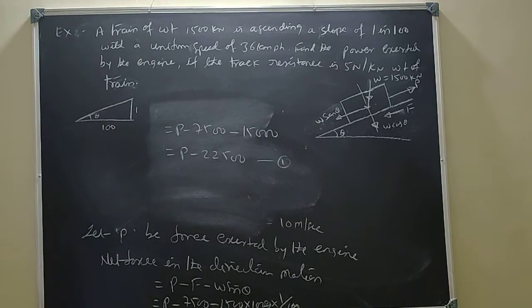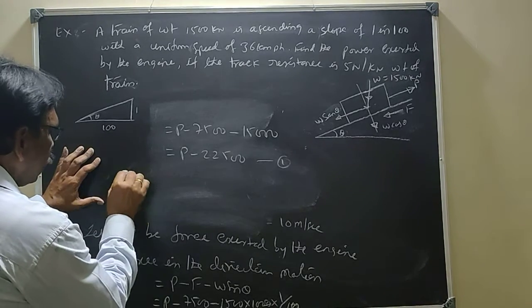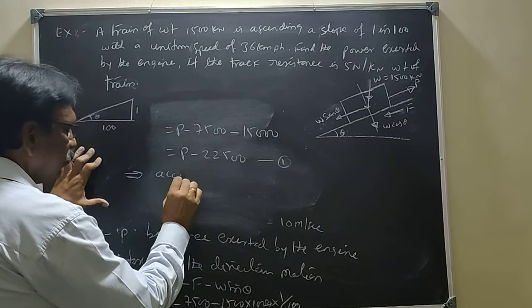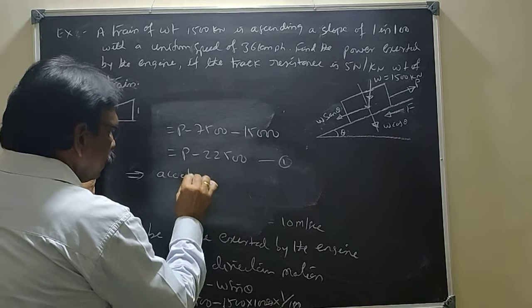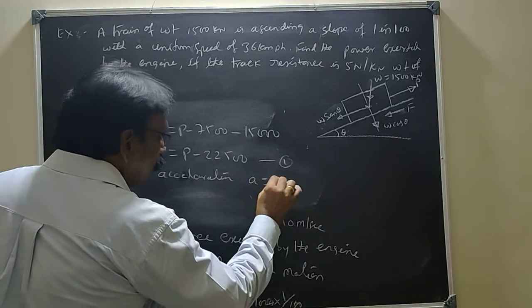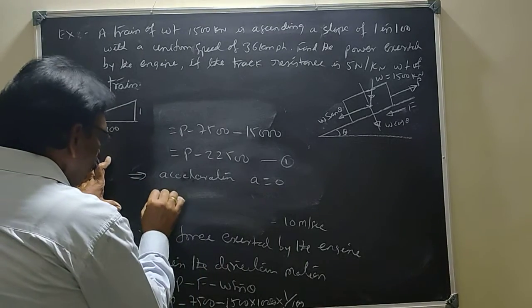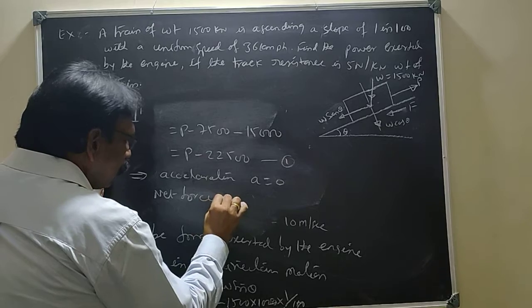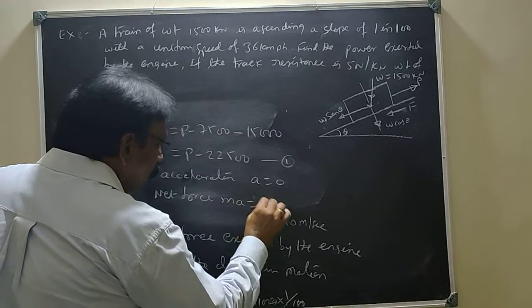Now again, as the train is moving with uniform velocity, it indicates that acceleration a is equal to 0. Therefore the net force, m a, must also equal 0.